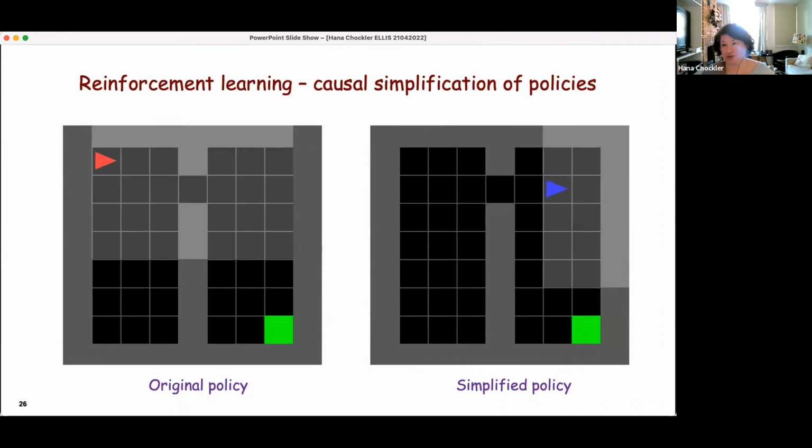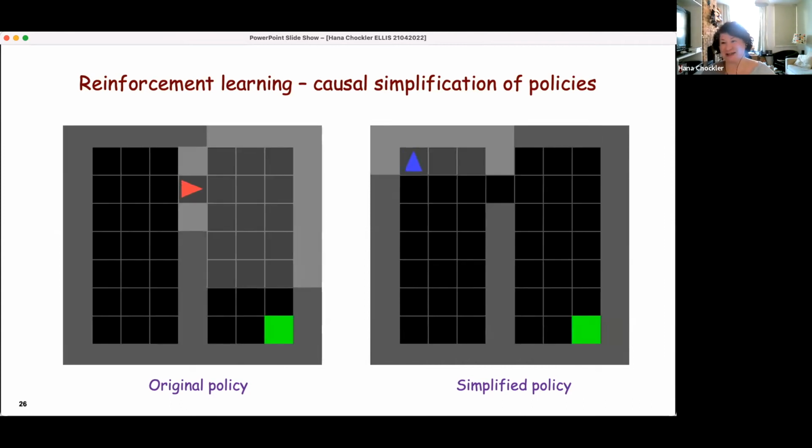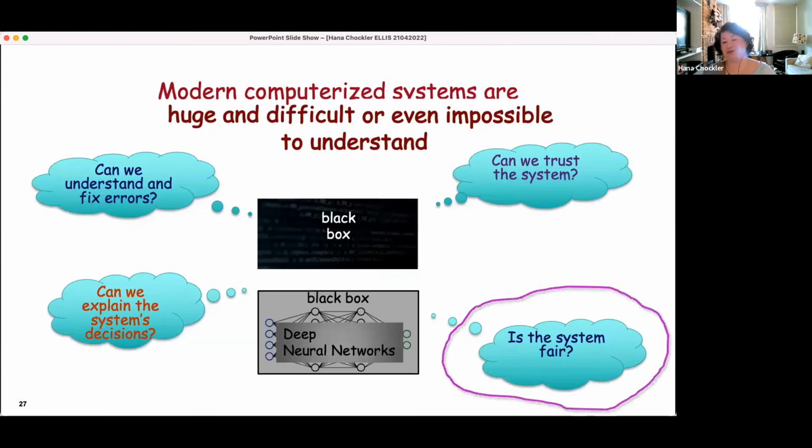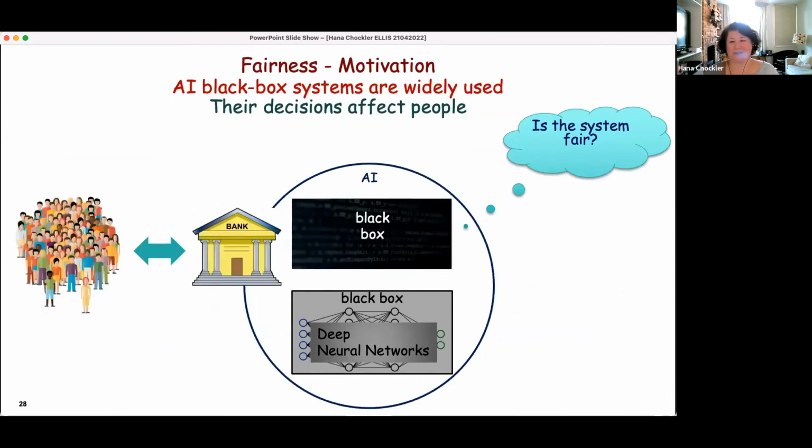Again, note that we didn't look inside the neural network at all. And now let's talk about fairness, which chronologically is the most recent work out of those that I described. The motivation for fairness is something that is very easy to sell. AI black box systems are widely used everywhere, and their decisions affect people.